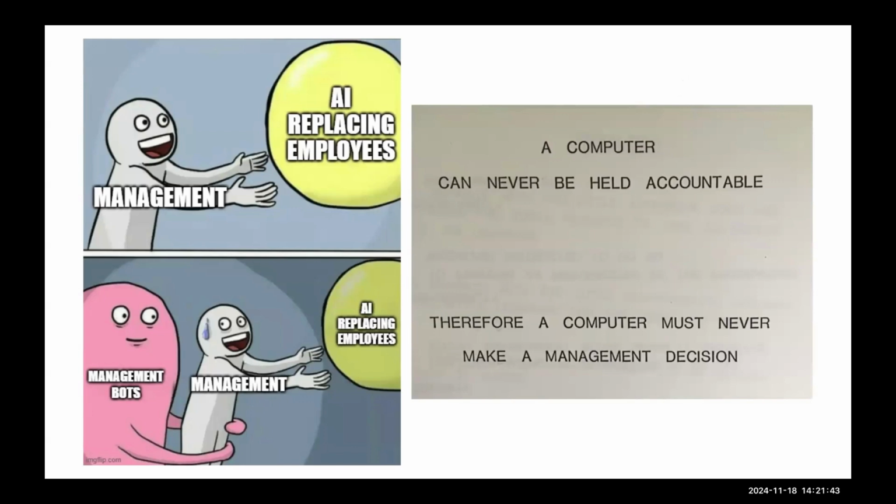The management is reaching for that, thinking that you can use AI instead of employees and save money and time. And they're very happy about that until they realize that they can be replaced in turn by management bots, which can do the same thing. And so the management character is now sweating, nervously laughing.